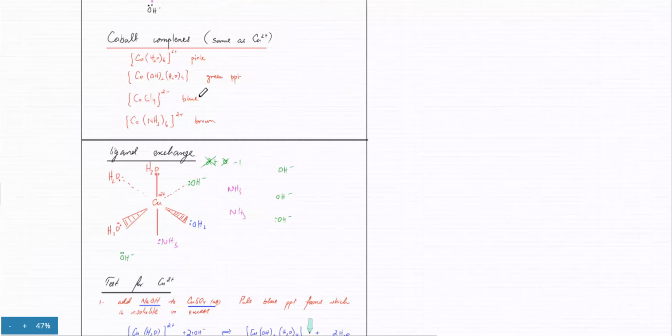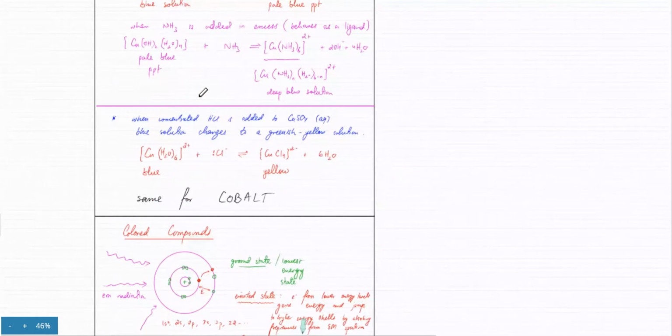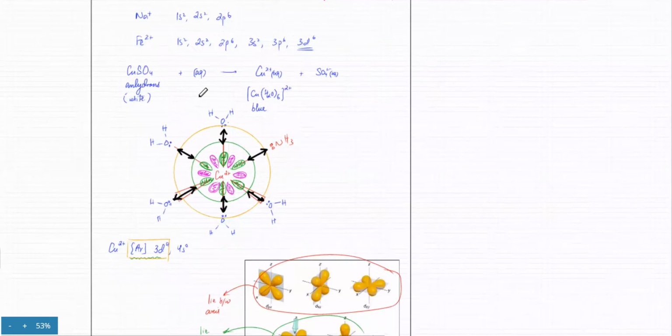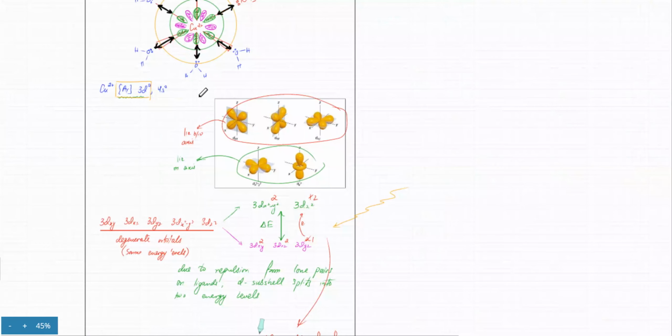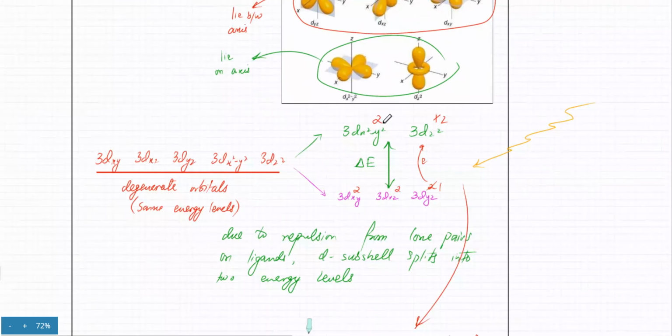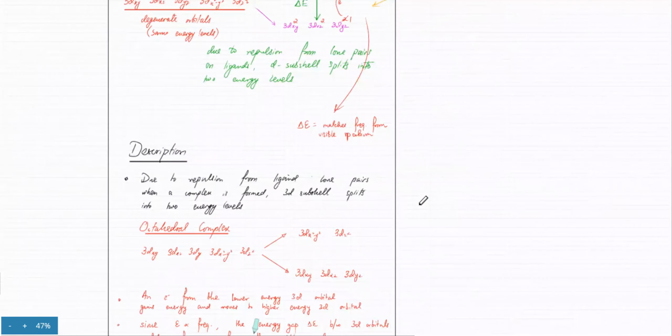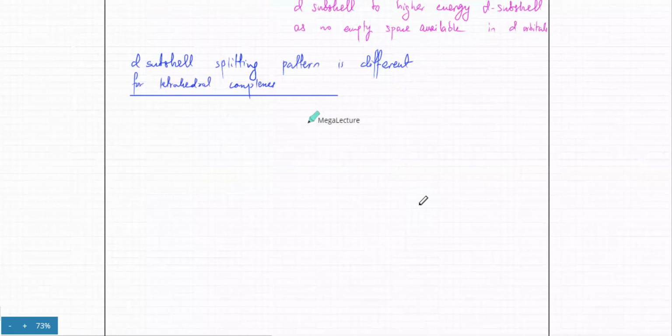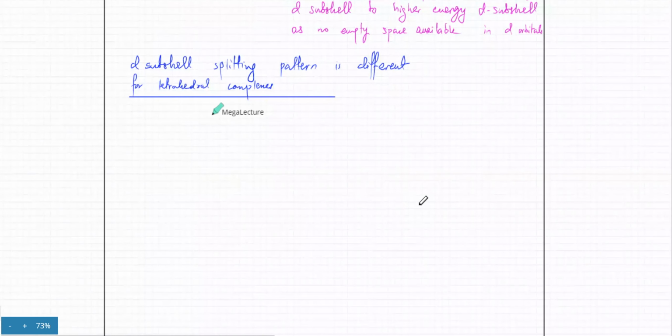So when the splitting of the D subshell happens, in this case the whole thing would be opposite. On the axis, it would actually be easier to keep electrons. So 3dx square minus y square and 3dz square would be at the lower energy D subshell, and keeping electrons between the axes would be kind of hard. So in a tetrahedral complex, always remember that the splitting pattern, the rest of the explanation of why they are colored, would be exactly the same.